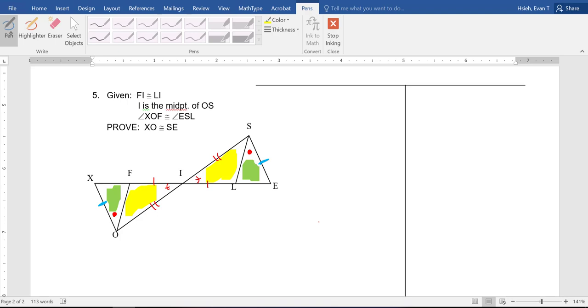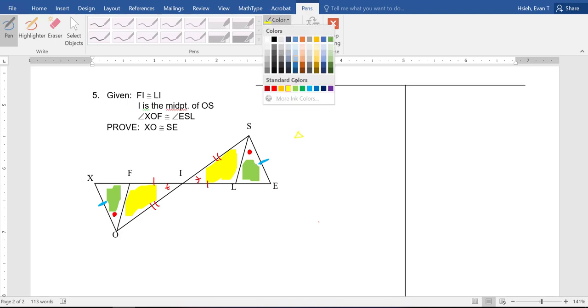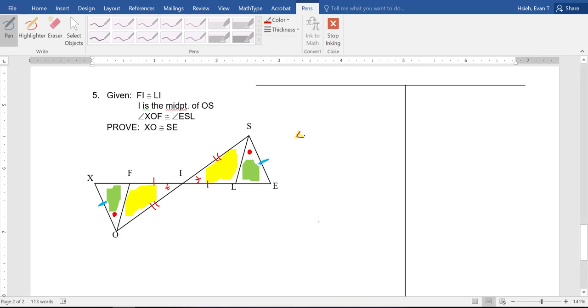So let's write down: prove the yellow triangles congruent. Triangle OFI congruent to triangle SLI by side angle side. Then I definitely can get FO congruent to SL.